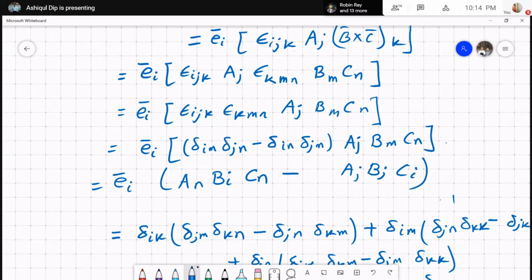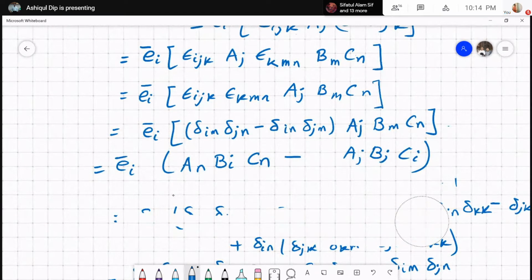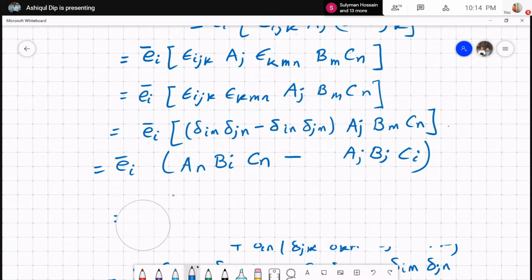Right? Yeah. So now construct the full vector out of it. So EI, BI, it gives you the full B vector, right? And ANCN, what does it give? What is ANCN, sum over N?